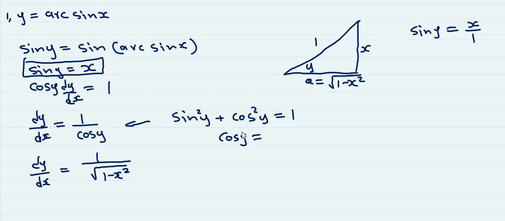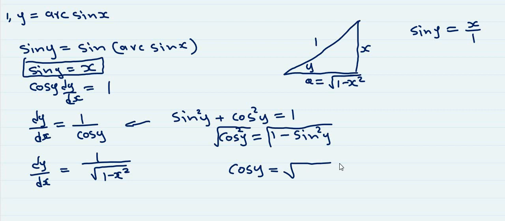Cos squared y equals 1 minus sin squared y. Then we take the square root of both sides, so cos y is the square root of 1 minus sin squared y. Sin y gives x, so it becomes the square root of 1 minus x squared. Then we substitute them and we get the answer.